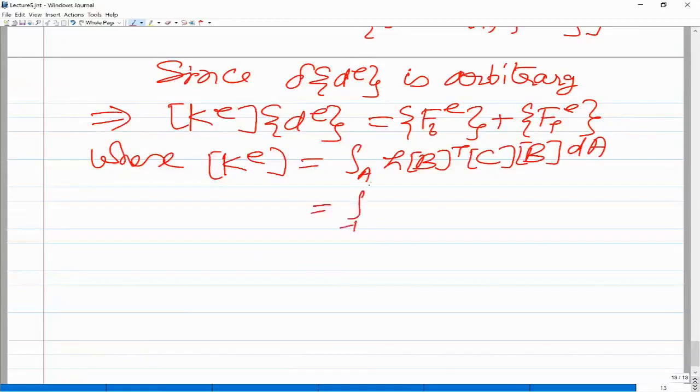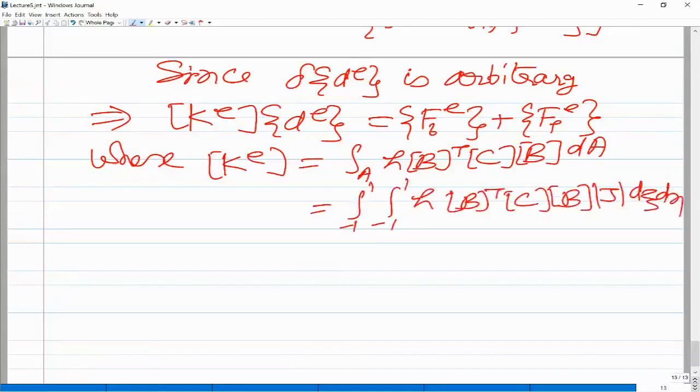So this integration we write in terms of xi and eta: integration -1 to +1, -1 to +1, H into B transpose into C into B into determinant of the Jacobian matrix into d xi into d eta. This is your K. I think I can do the Jacobian in the next class, how we get this Jacobian, the concept of Jacobian, but you get this as your stiffness matrix.